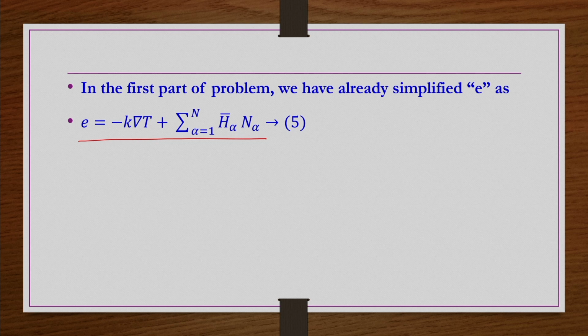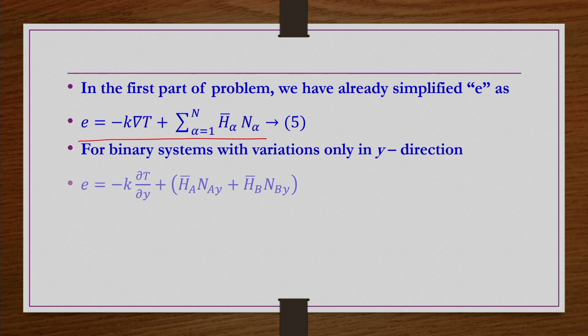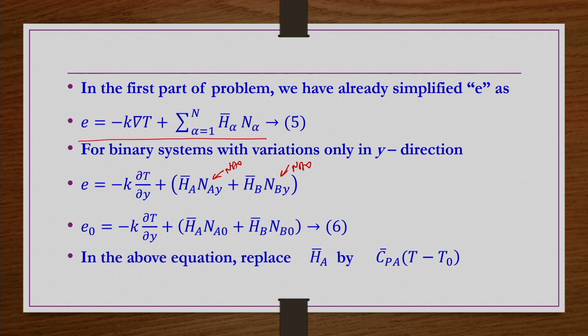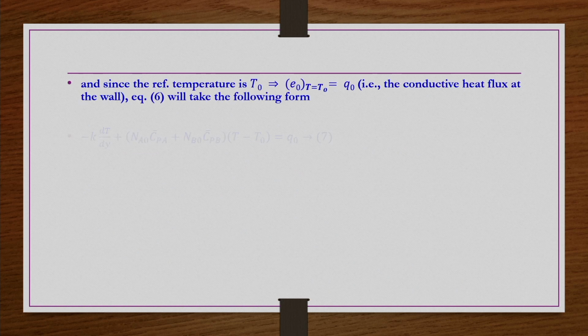Now, what we do, this one we write for the binary component, then we have minus k dou T by dou y plus HA bar NaY plus HB bar NBY, right. In the previous case we have taken NBY is 0, and then HA bar we replaced by CPA bar delta T, but now we cannot do that one. This NaY is Na naught, and this NBY is nothing but NB naught, and then HA bar is CPA bar delta T, HB bar is CPB bar delta T. So, that when you do, you get final E expression, this one, right.